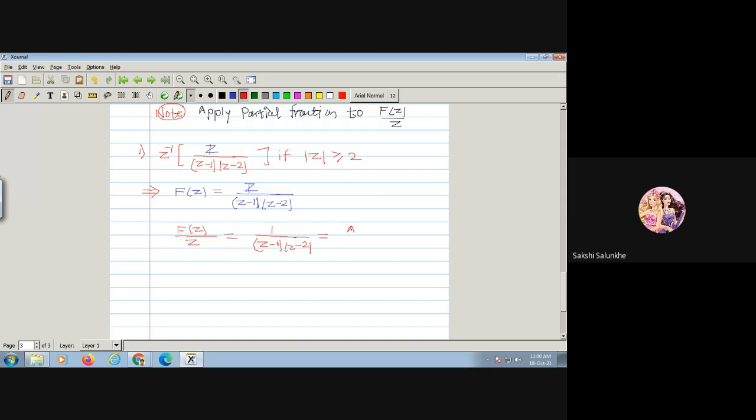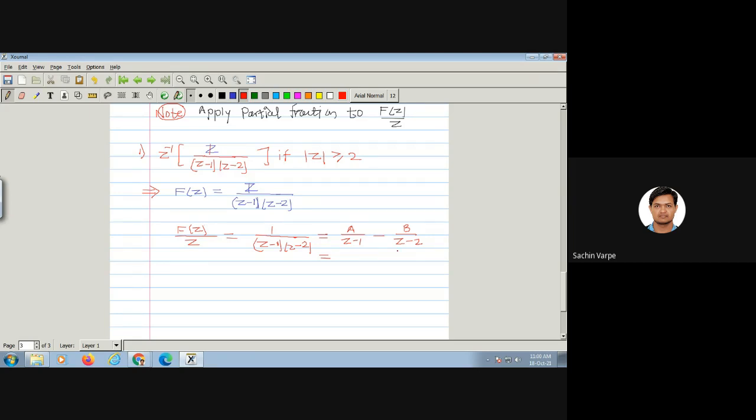A equals minus 1 and B equals 1. Exactly. So A is minus 1 and B is 1.